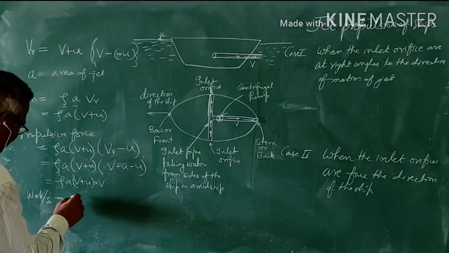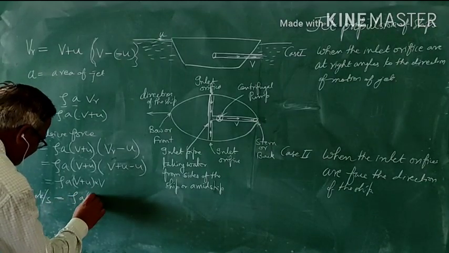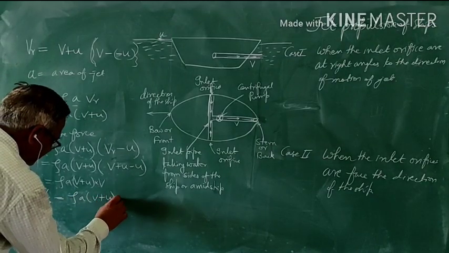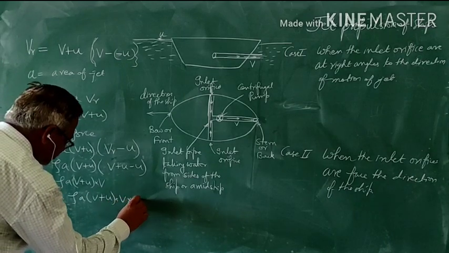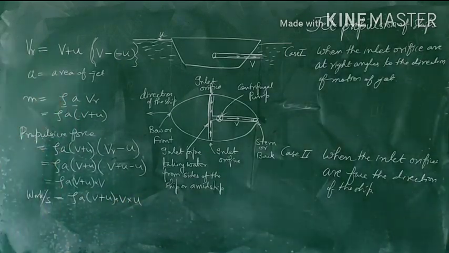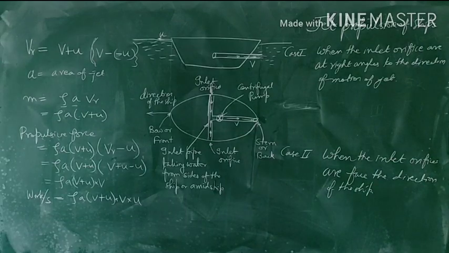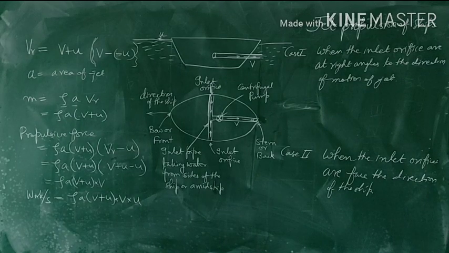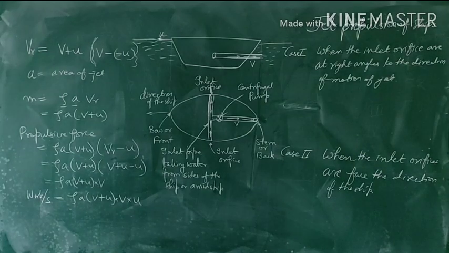So it will be equal to rho A (V plus U) V U. This is the propulsive work or thrust work per second. Now if we want to find the efficiency of this jet, we have to find the kinetic energy we are supplying to the jet.